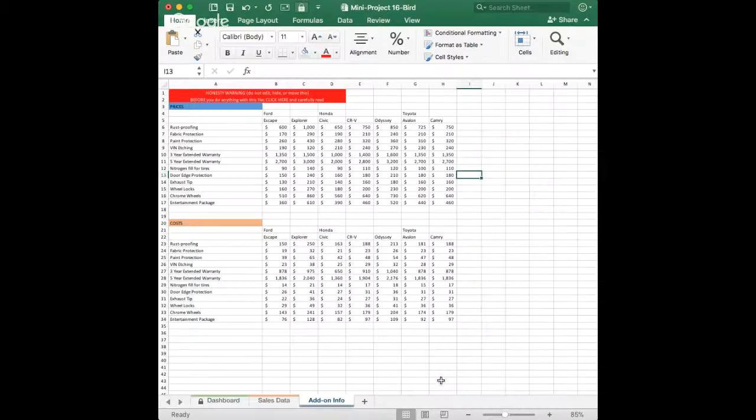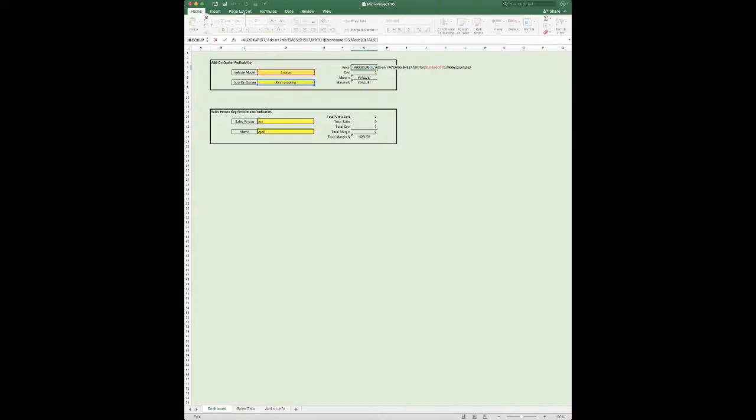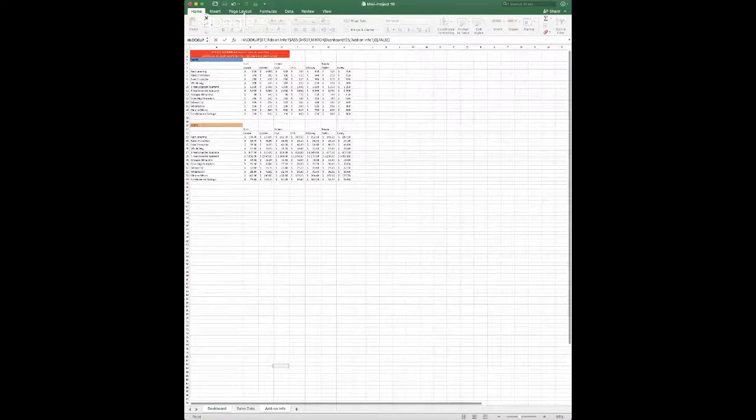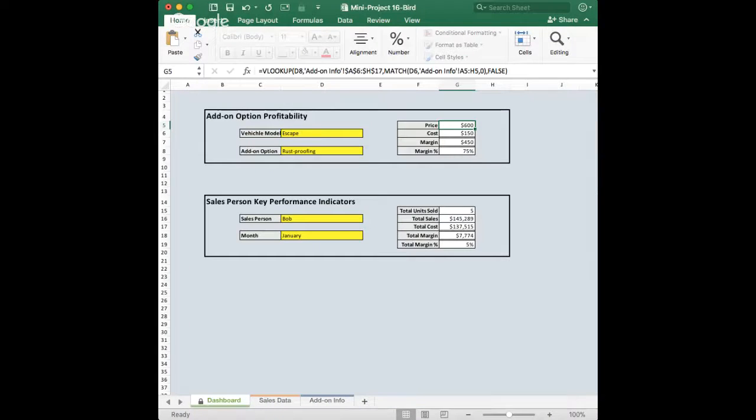I have no idea why, but yes, it took me a while to figure that out. That's so interesting. So Escape, rust proofing, 600. Yes. Awesome. It makes no sense that it makes you take that, but without it, it did that to me every time.